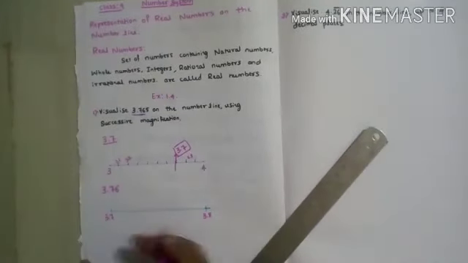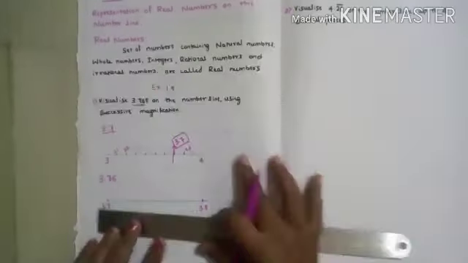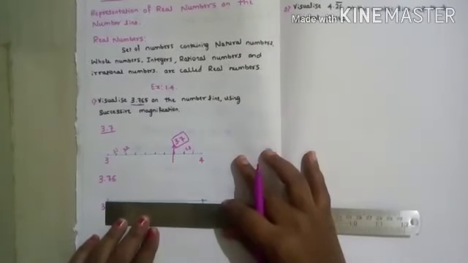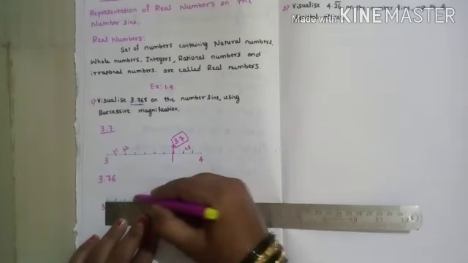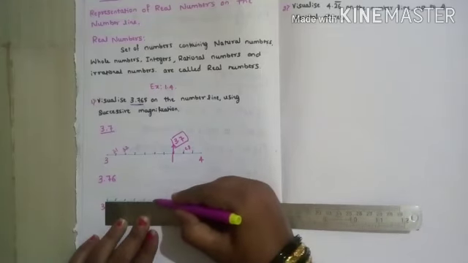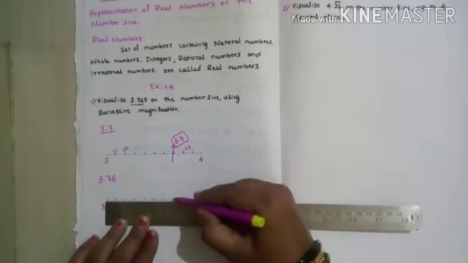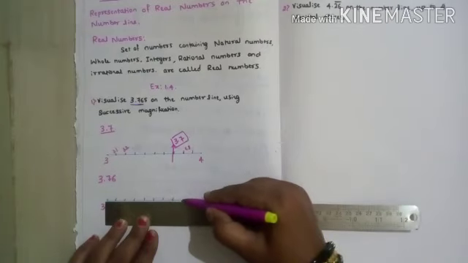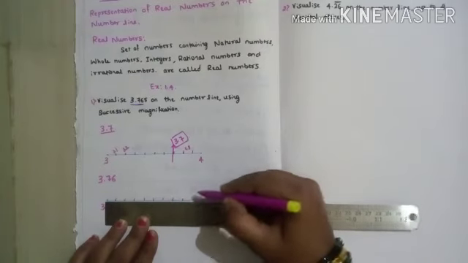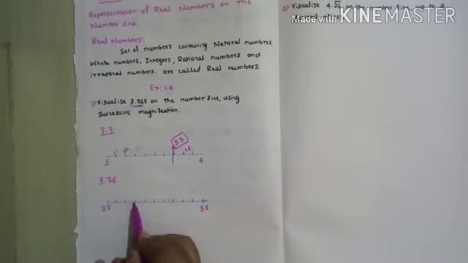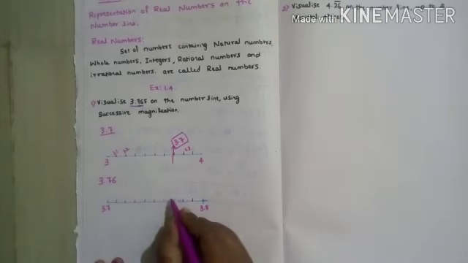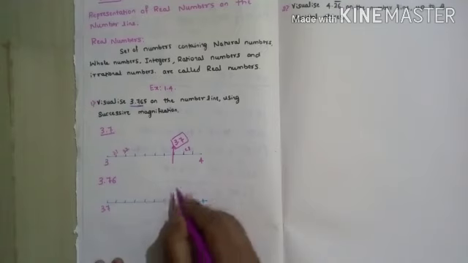So I will mark 10 parts again. 1, 2, 3, 4, 5, 6, 7, 8, 9, 10. Now we want to represent 3.76. This is 3.71, 3.72, 3.73, 3.74, 3.75, 3.76. This one we want to represent.